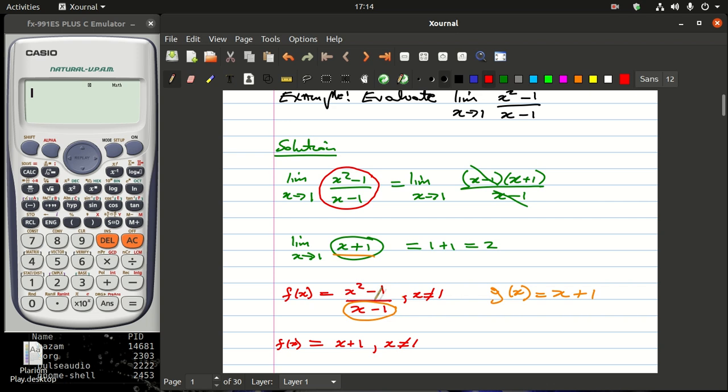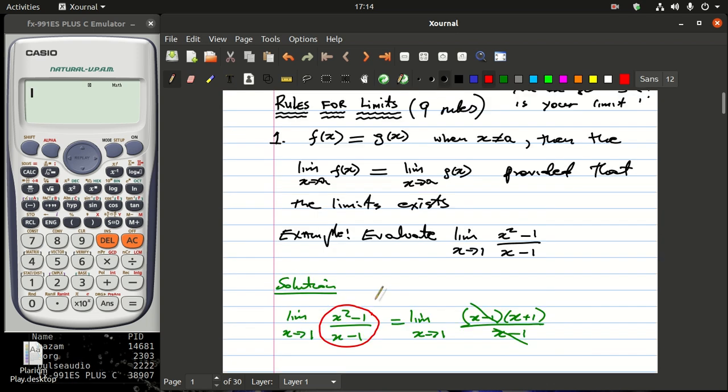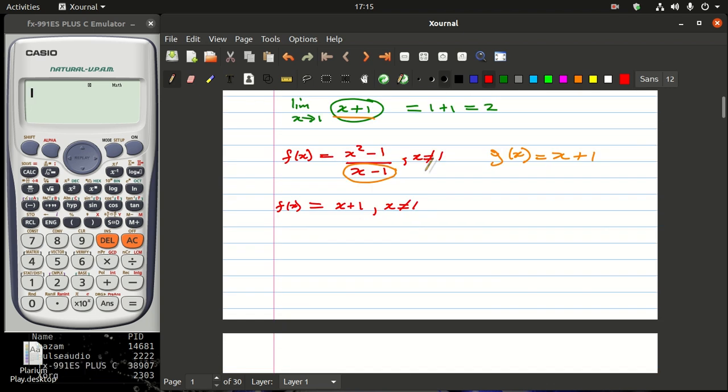Now what we are actually saying by this rule here is that it's okay as long as these two functions are defined everywhere except at that point. The limit of this function and the limit of that function is supposed to be the same. So if, let's say, you're looking at the limit of this function here, you will find out that its limit is equal to 2.